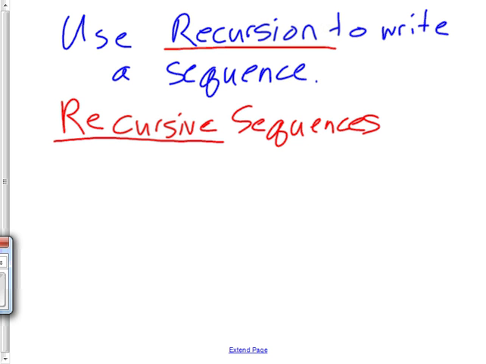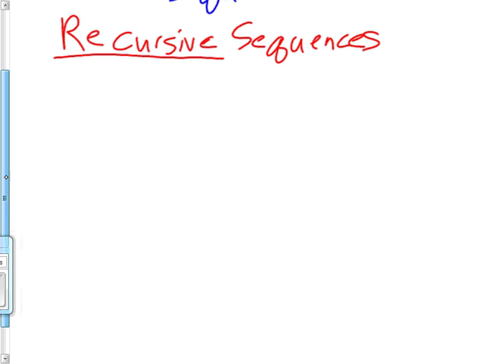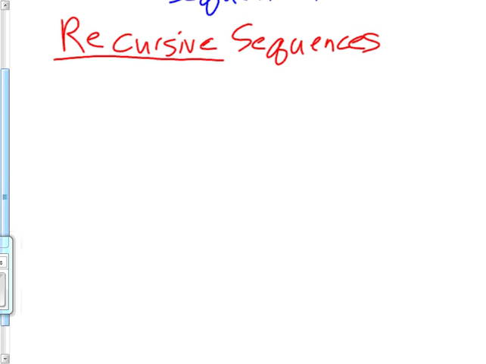By definition, what does this word mean? Who wants to try to define the word recursive or recursion for us? Reoccurring. Keep going. It's a continuous pattern, but there's a key piece to this pattern. A continuous pattern of numbers. Infinite. These are all ideas.